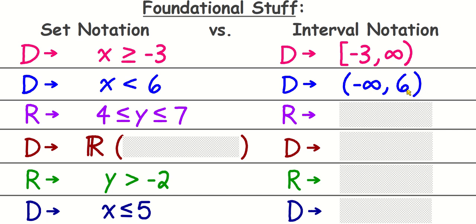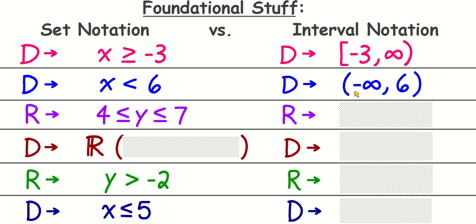Also, infinities always get parentheses, because you can't literally include infinity. It's not really a number. So infinities and negative infinities always get parentheses in interval notation.